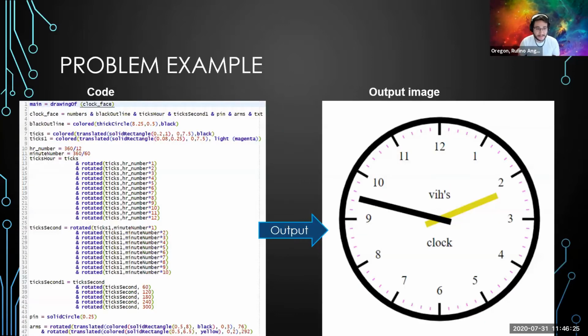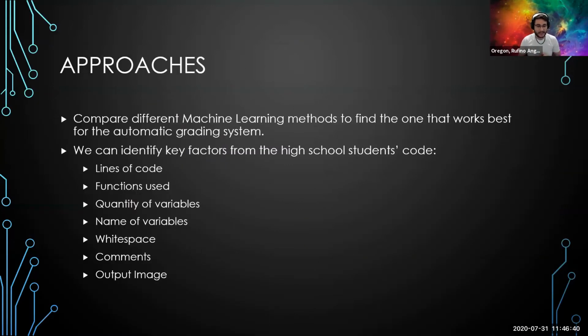And here is an example of the code that the high school student produces. So from code, the output is a picture, such as this clock. The approach that we are using is machine learning to create this automatic grading system.